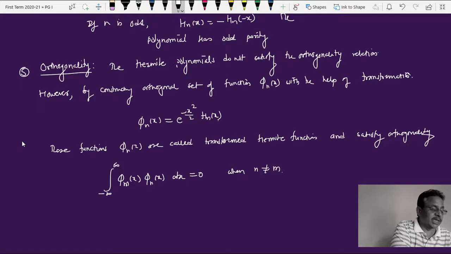And I think in our textbook this problem has been given as a solved problem. There are 2-3 problems there. I am giving this as an exercise later on for the PG students. For UG students that is not needed.